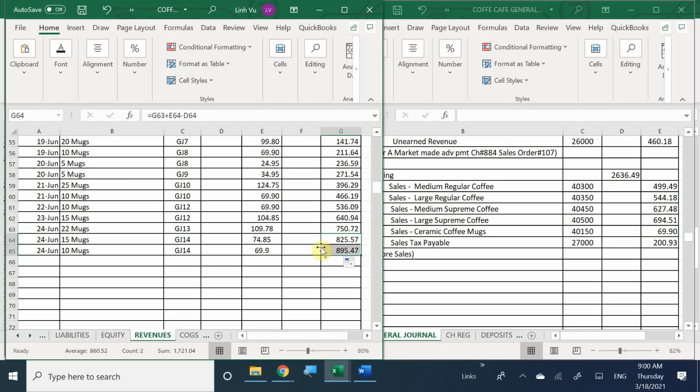And then last but not least, we have sales tax payable, so we have to go to our liabilities.